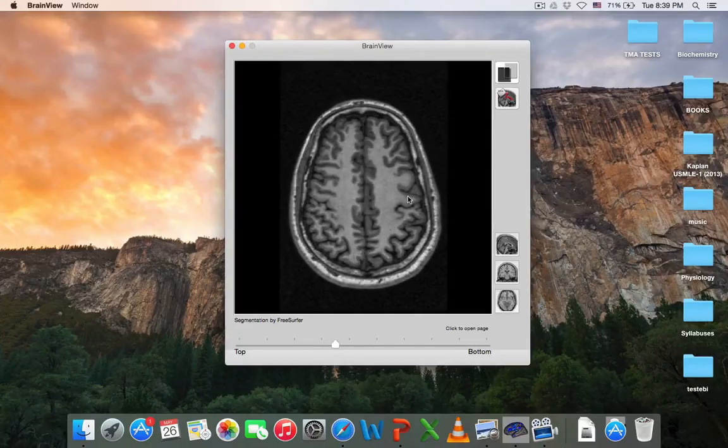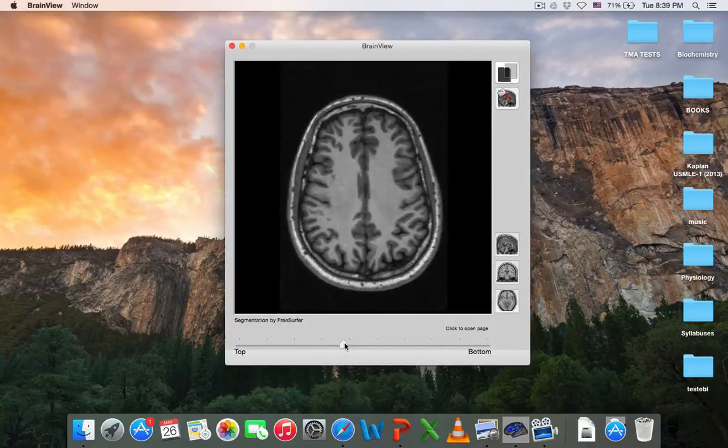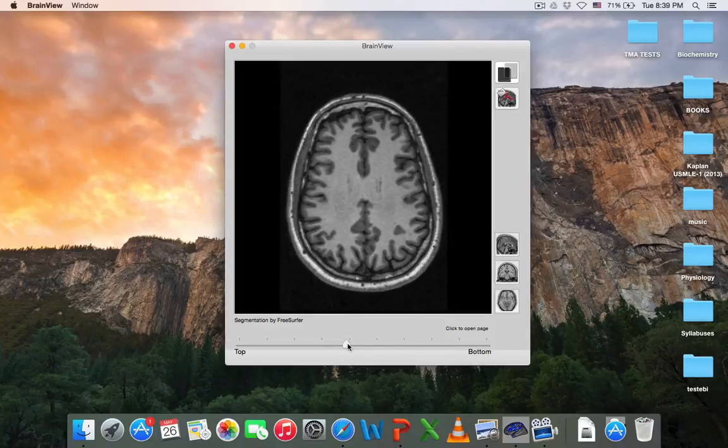You see the cortex very well, you see the white matter very well. We still go down. Okay, beautiful. See the connection between the 2 hemispheres? That's the corpus callosum. I just remembered somebody asked me what the corpus callosum is.